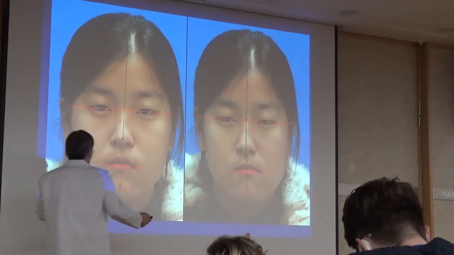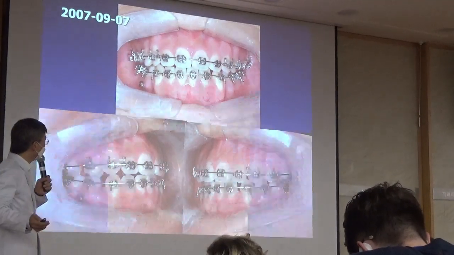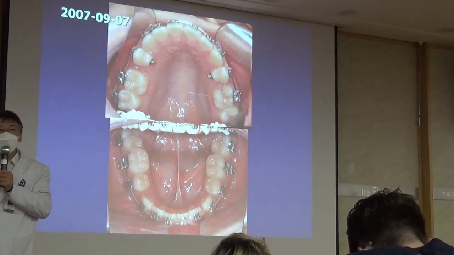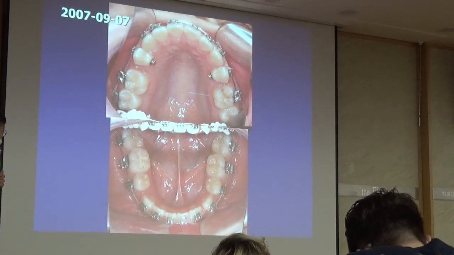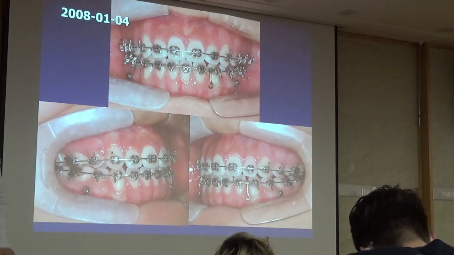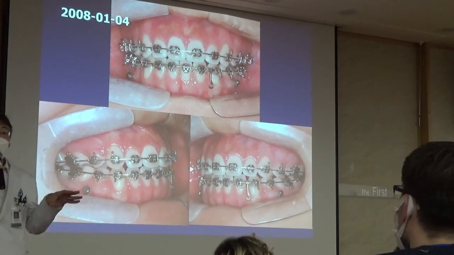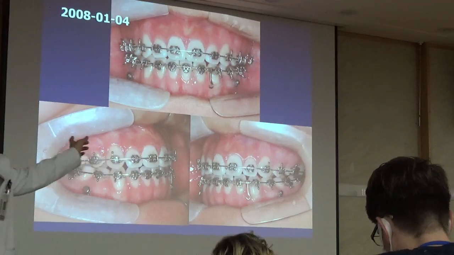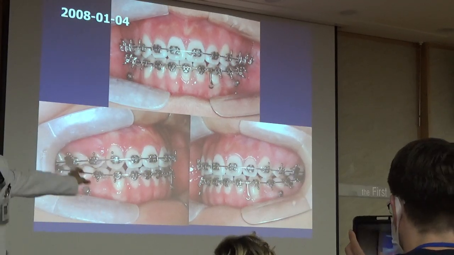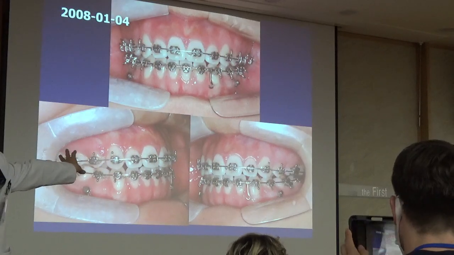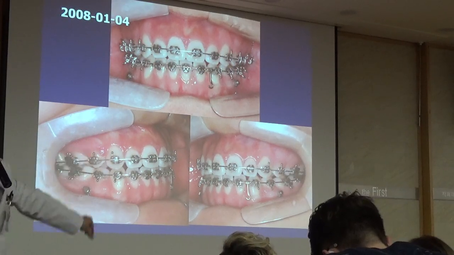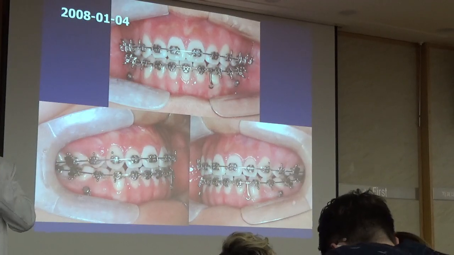So we'll try extraction and again asymmetric anchorage preparation. I'll try the same thing that I did in the previous case. We tried the whole arch rotation in the maxilla. I'm doing the same thing in the mandible to make the lower dental midline coincident with the upper dental midline without changing the jaw position. Okay?